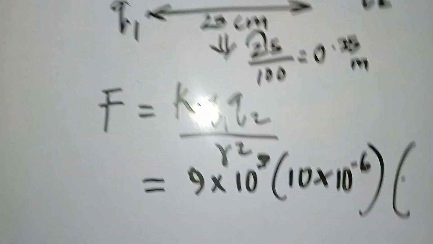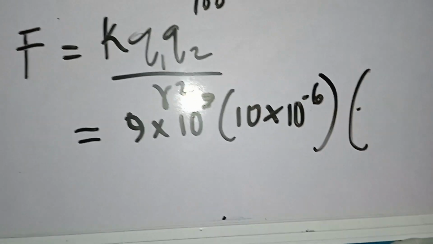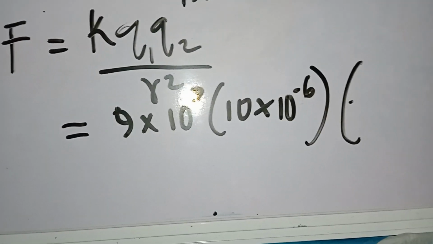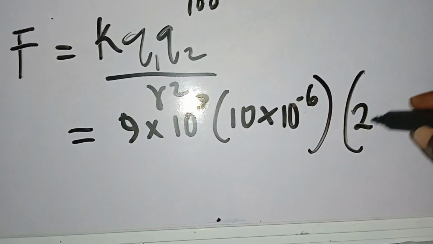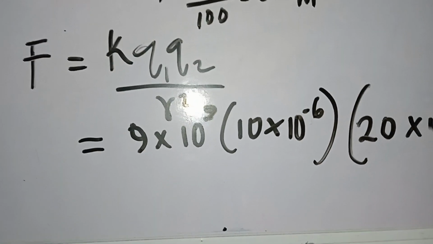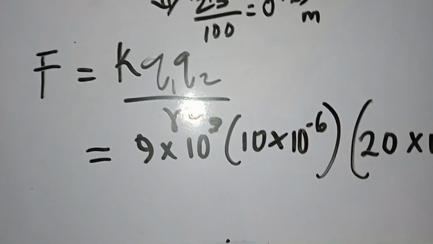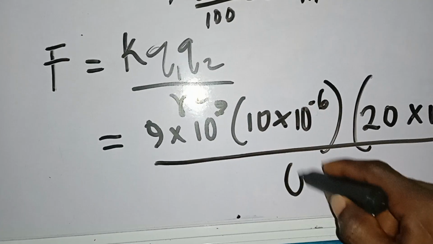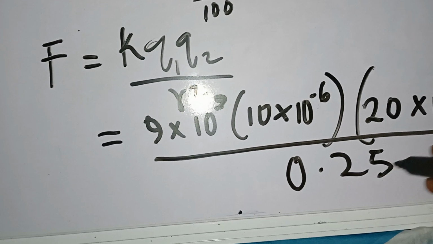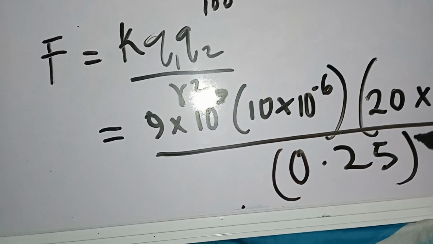Whenever you have a negative sign before a charge, ignore it. What that sign is doing is to show you the direction. So just put positive 20 times 10 raised to power minus 6, all over 0.25 all raised to power 2.